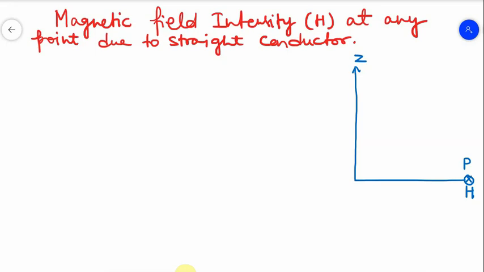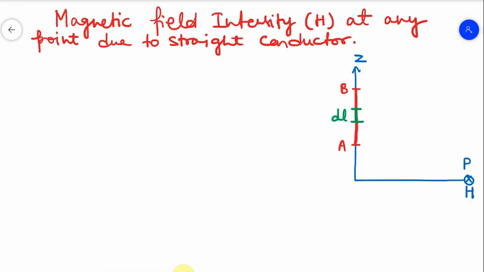Now consider a straight conductor AB lying on the z-axis. Now we'll choose a small element dl on this conductor AB.